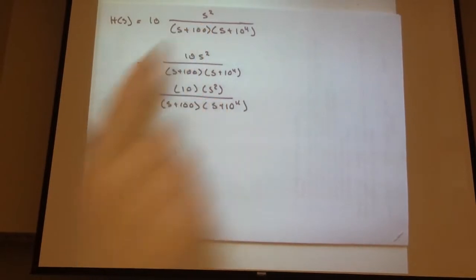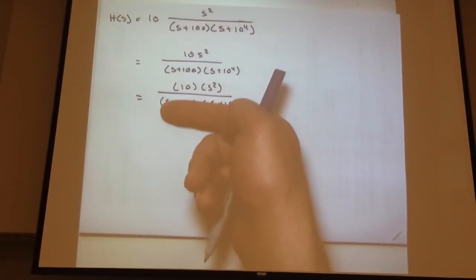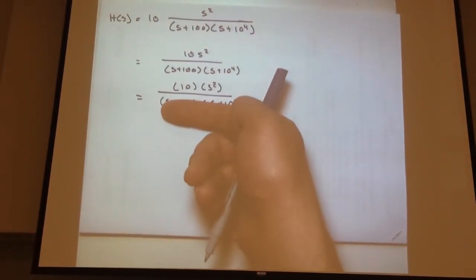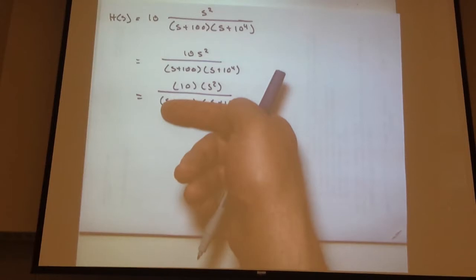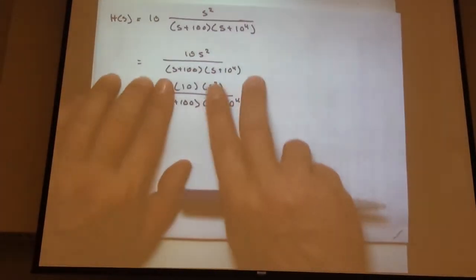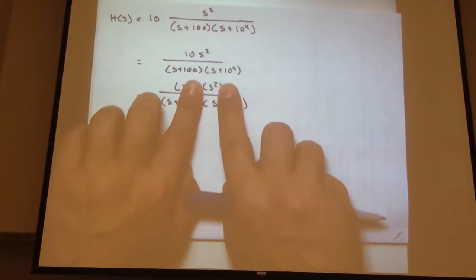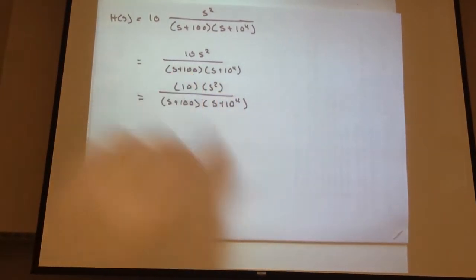That s squared in the numerator is by itself, so it's also dominant. So in some sense, when we look at each of our regions, the numerator is going to look exactly like that for every region. Because we keep the dominant term in 10 by itself is 10. The dominant term in s squared is s squared. There are no other terms.